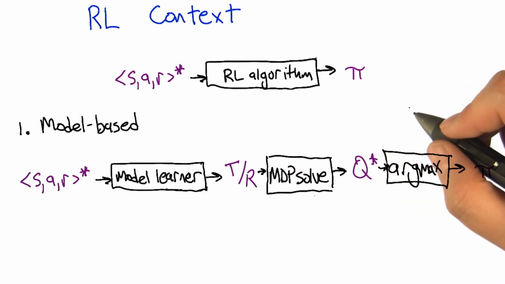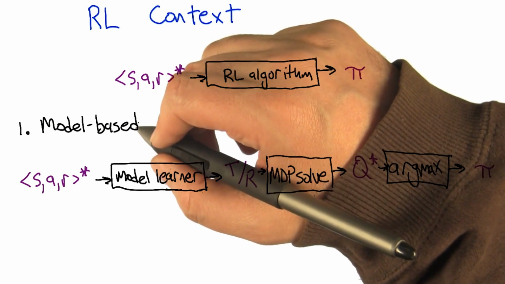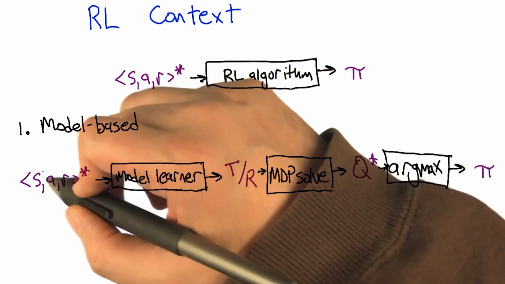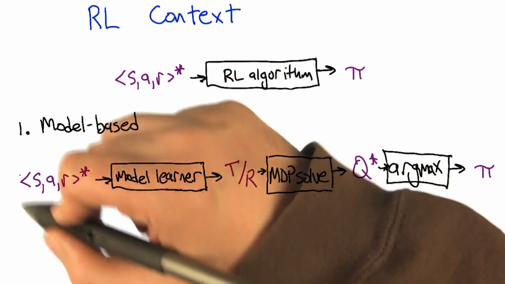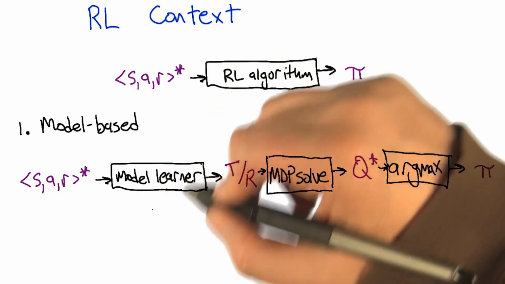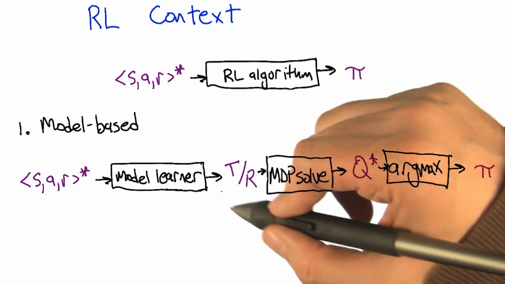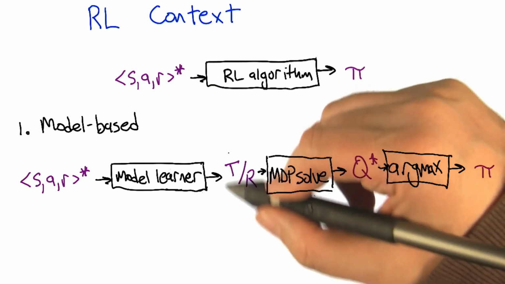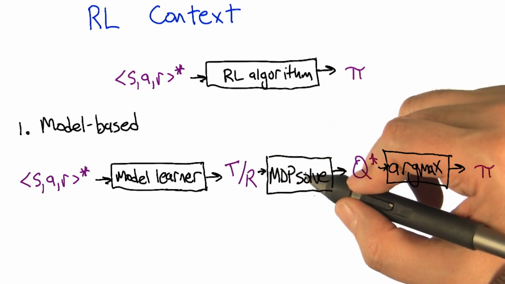So the way I like to think about it is there's kind of three main families of reinforcement learning algorithms. The one that's most like what we've talked about so far is what we could call model-based reinforcement learning. A model-based reinforcement learning algorithm takes the state action reward tuples that it gets and sends them to a model learner, which learns the transitions and rewards.